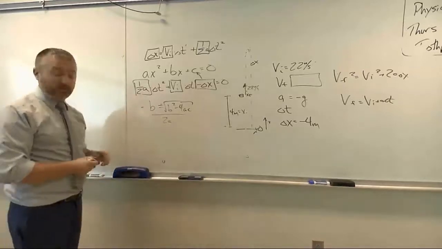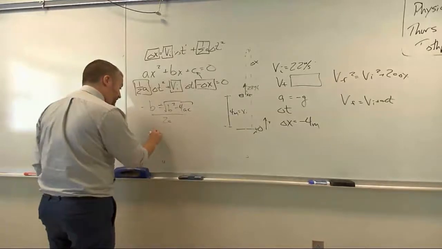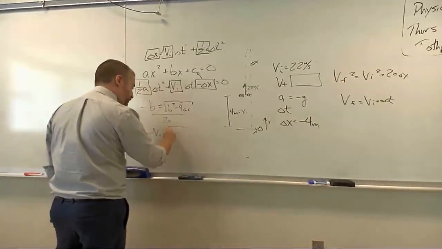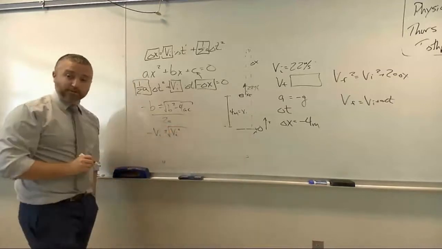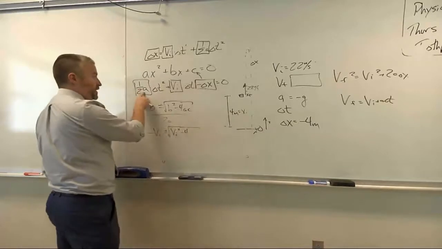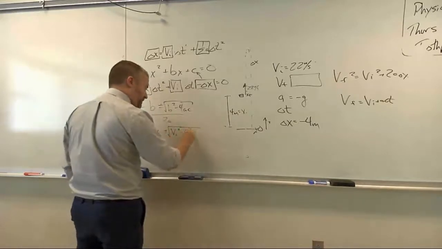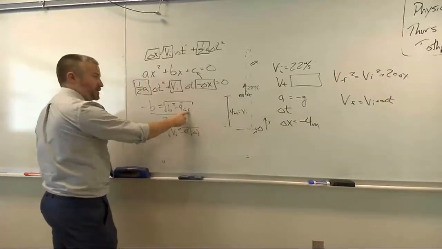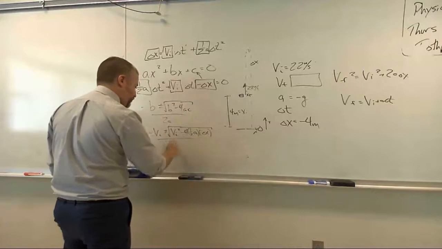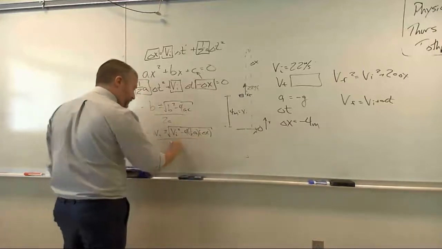Well, negative b, that would be negative velocity initial. This would be plus or minus the square root of velocity initial squared, minus 4, well, that stays the same. A is 1/2 acceleration, and c is negative delta x. On the bottom here, we have 2 times a being 1/2 acceleration.